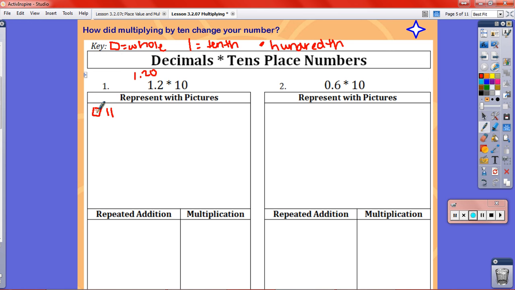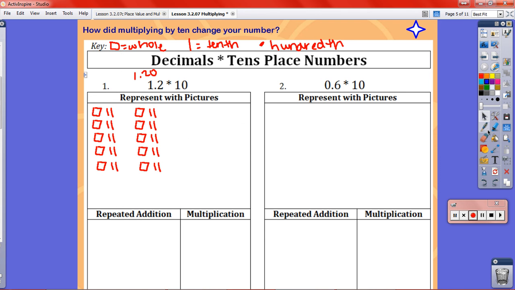So 1 and 2 tenths, I need 10 groups of that. And we're going to find some shortcuts later, so you don't have to draw all these pictures. But for right now, for this first one, I'm going to draw a picture. That's 5. Now I know that 2 5s make a 10, so instead of duplicating that 5 more times, I'm just going to copy the whole 5.